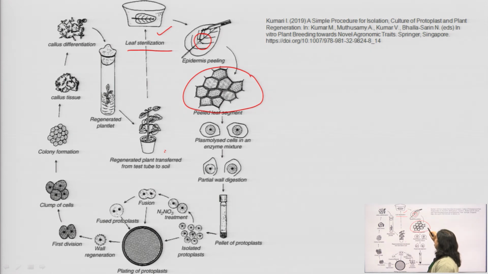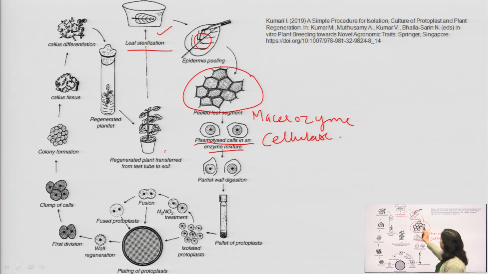After that, we plasmolyze the cell in an enzyme mixture. We added mesozyme or cellulase to these plant cells. Sometimes both are also used. Rather than using only one, we can use both the enzymes. After that, we could see that the partial wall digestion started.